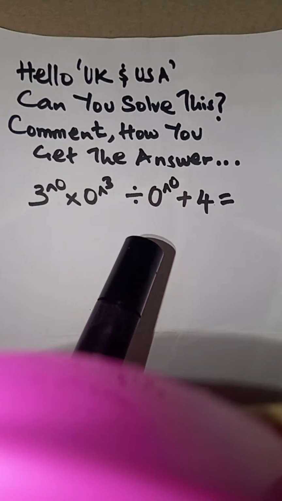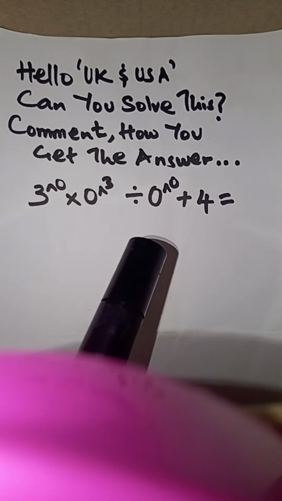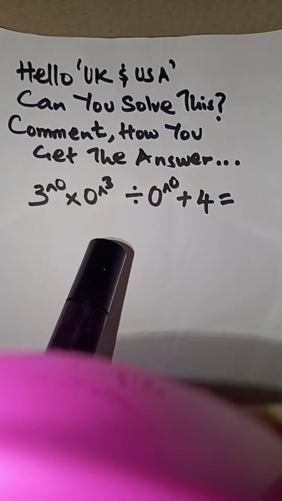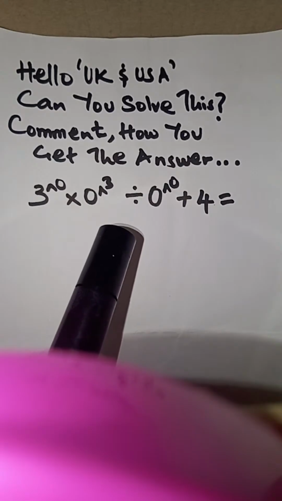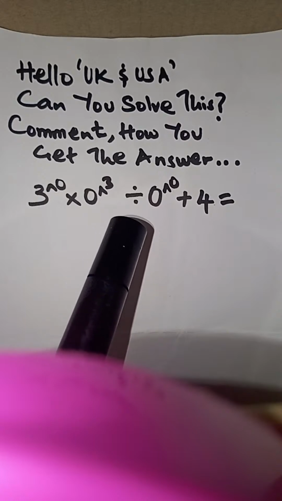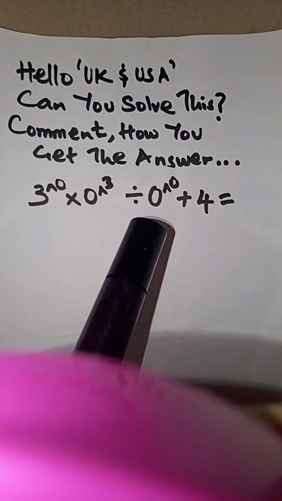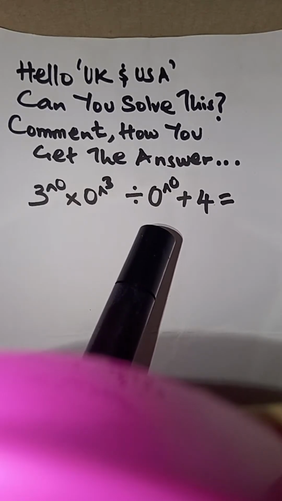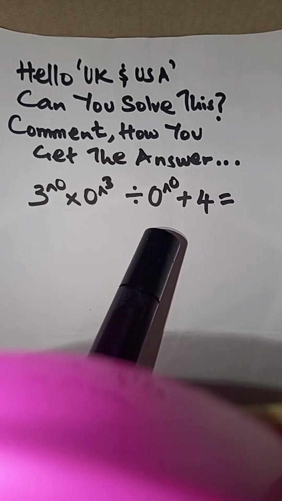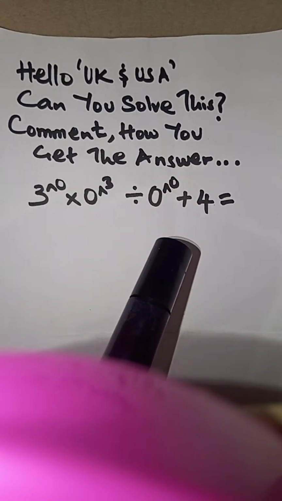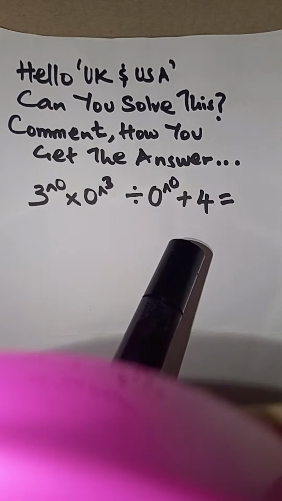What do you think the solution is for 3 raised to 0 multiplied by 0 raised to power 3? Then you're going to divide by 0 raised to power 0, plus 4.